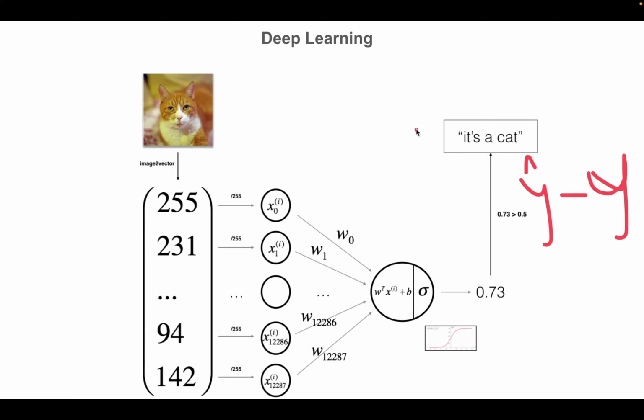Remember last week I told you guys about supervised learning. When we are giving our model inputs, like a picture of a cat, we don't just throw the input at the model.